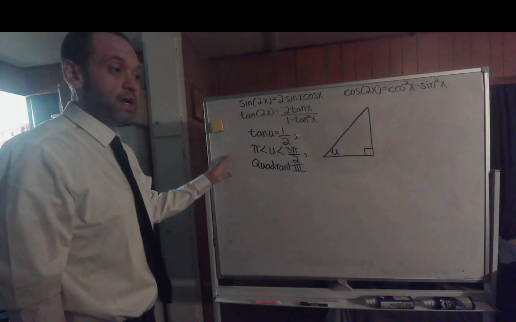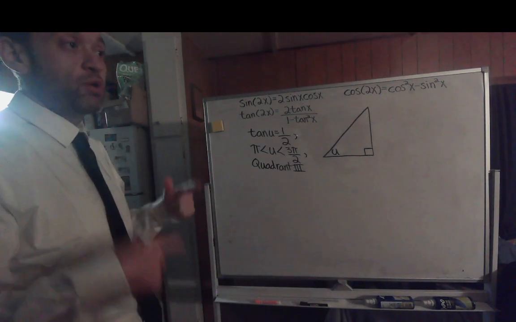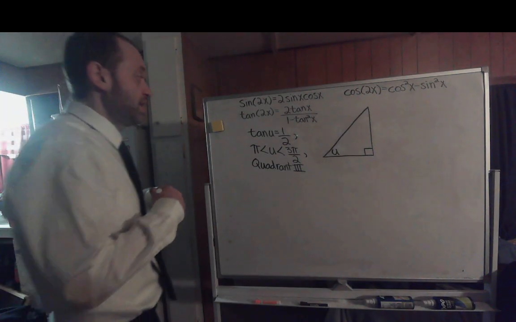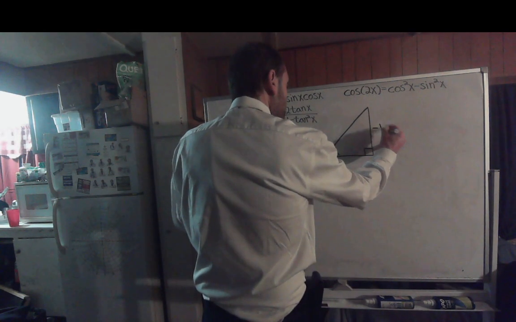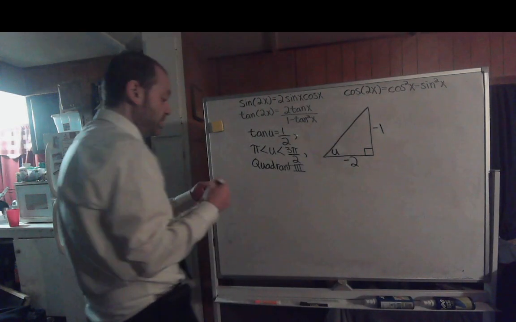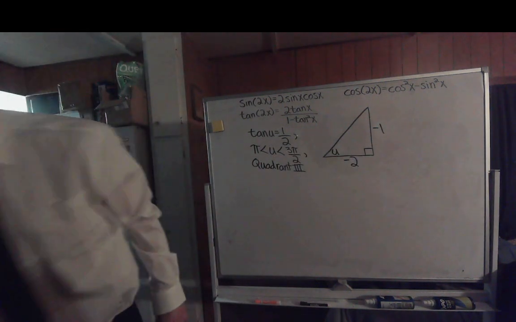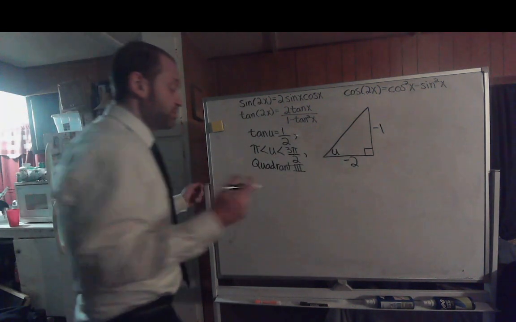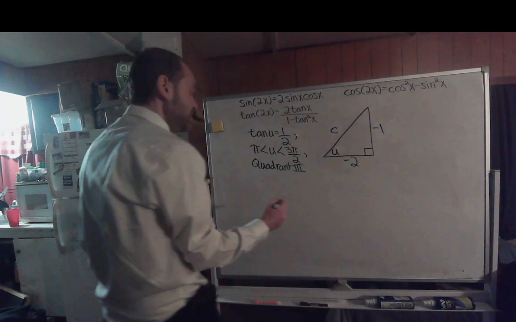So what's true about the third quadrant? Both your x and y values are negative, so both your cosine and sine are negative. So really the first two sides should have lengths of -1 and -2, simply for the fact that we're in the third quadrant. Now we can use the Pythagorean theorem to solve for the hypotenuse. We'll call that side c.